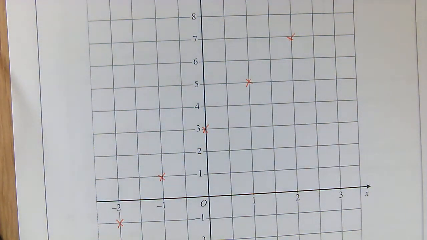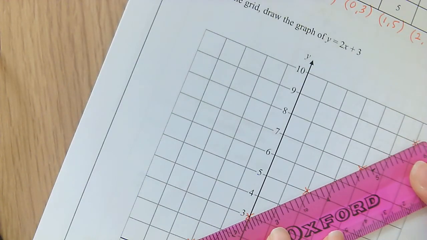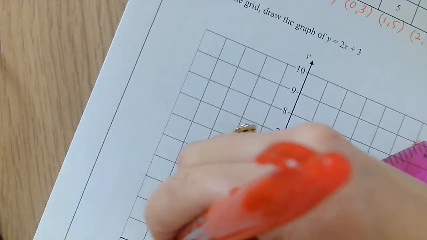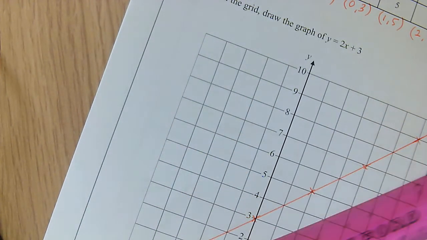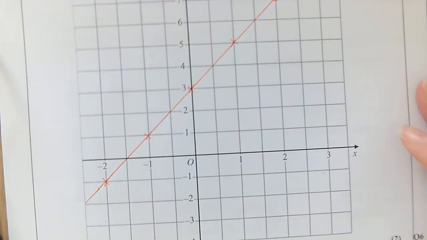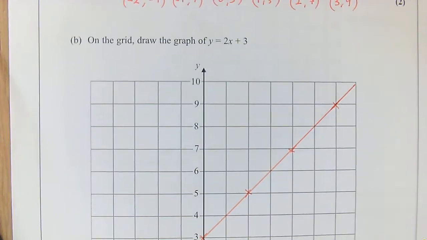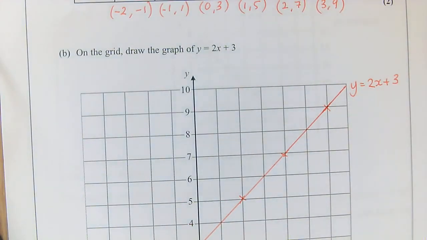Please make sure that in your exam you're using a pencil and a ruler for this. It's a nice straight line. Just extend it all the way across the axes, and then we can label our line y equals 2x plus 3.